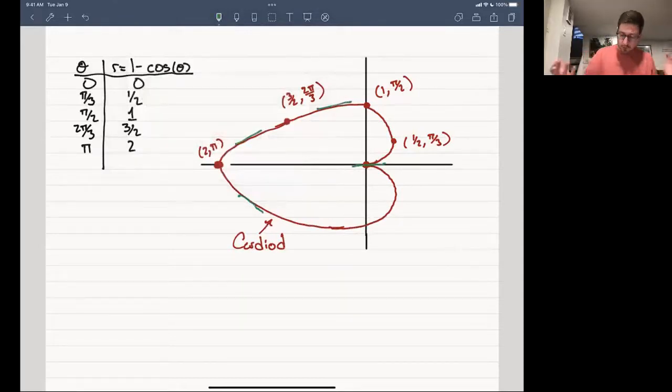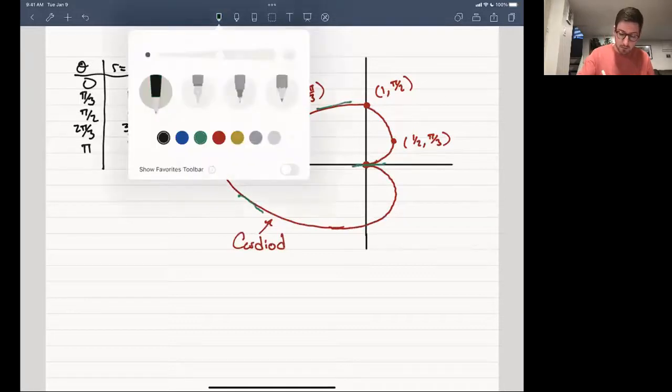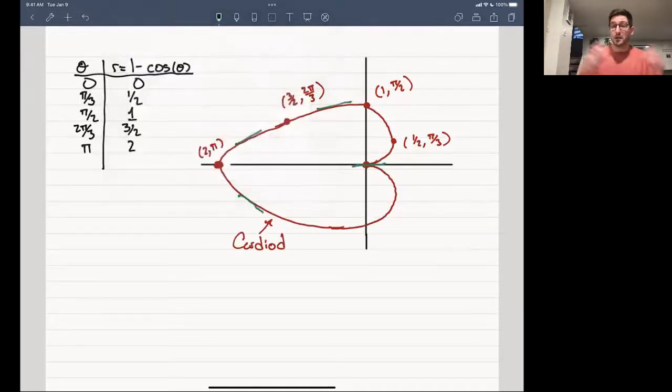And also, my drawing is not great. I highly recommend searching up what a cardioid looks like. But you can see this is not an easy process, right? It takes a lot of thinking. It takes a lot of work to be able to sketch these things. It's not as simple as the intuition that we built up with the Cartesian plane.